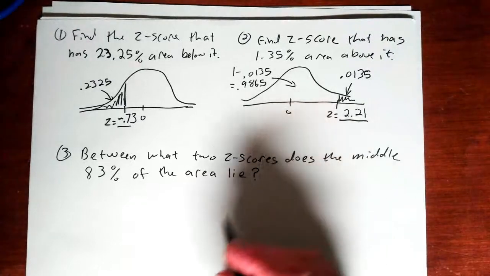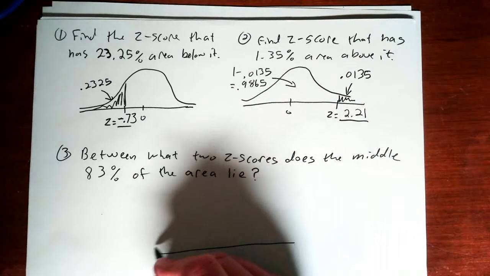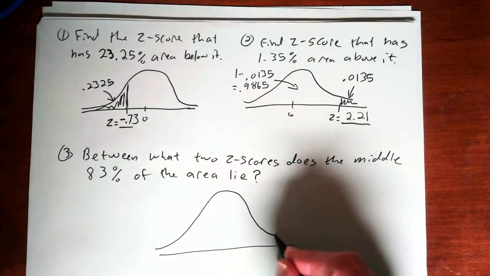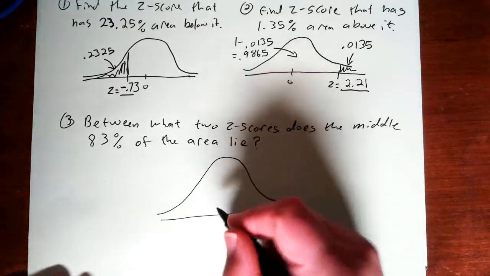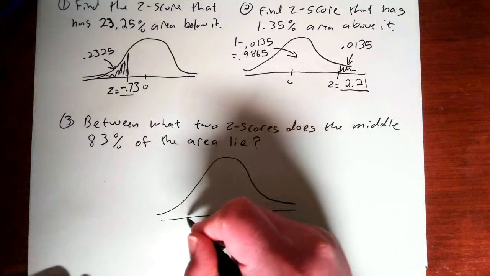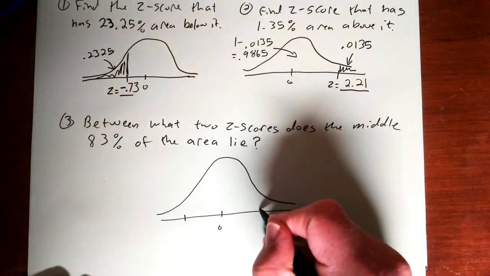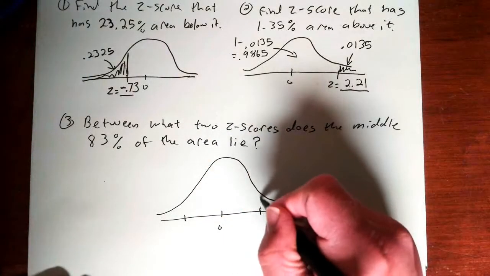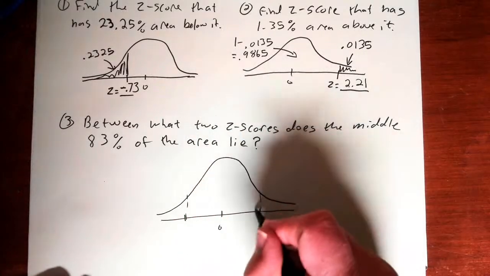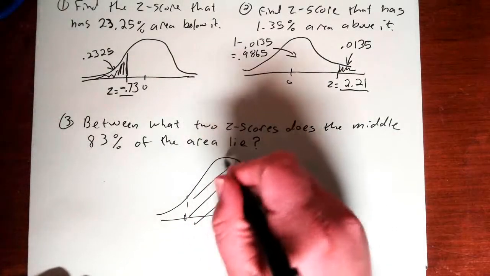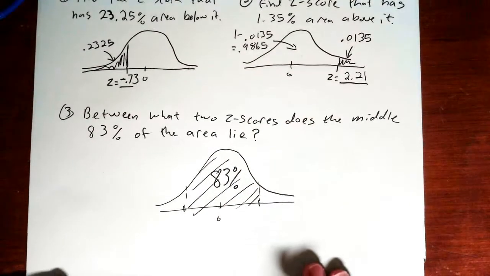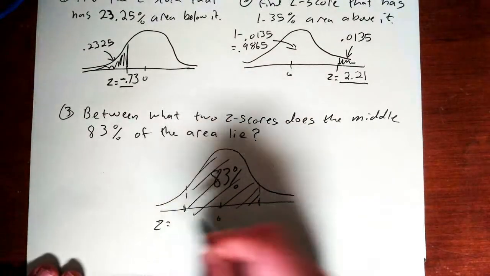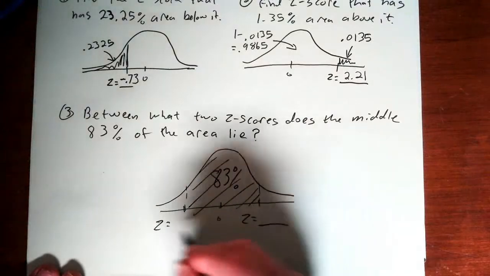And now finally, between what two z-scores does the middle 83% of the area lie? So we want this to be 83% of the area. I want the z-score over here and the z-score over here.